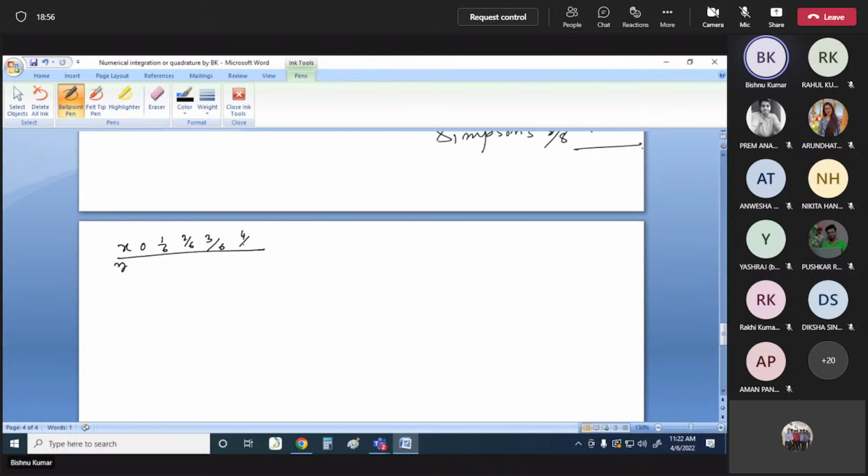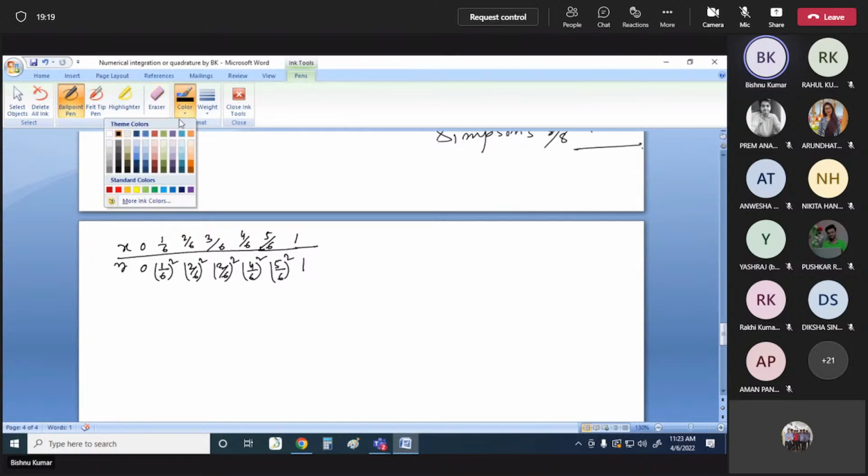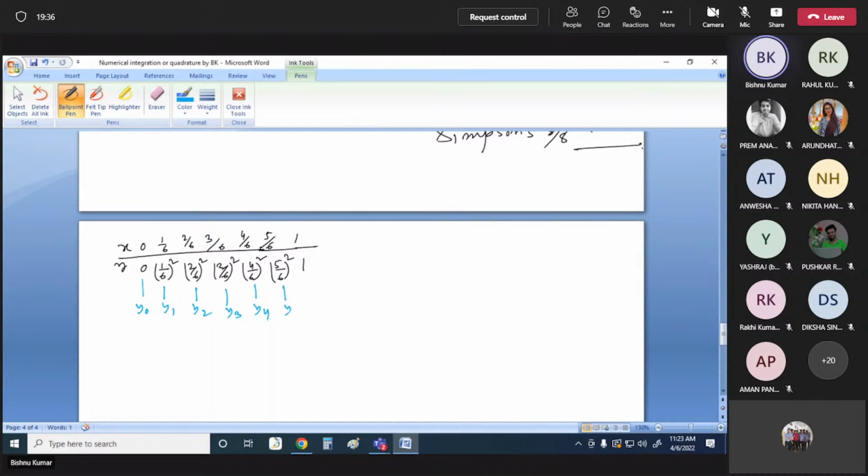At those points, the corresponding y values, with y equals x square as the function, are 0, 1 by 6 square, 2 by 6 square, 3 by 6 square, 4 by 6 square, 5 by 6 square, and this last one is 1. For solving purposes, you just rename these values: this is y0, this is y1, this is y2, then y3, y4, y5, and y6.